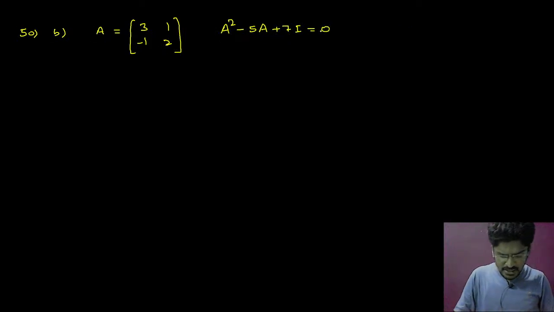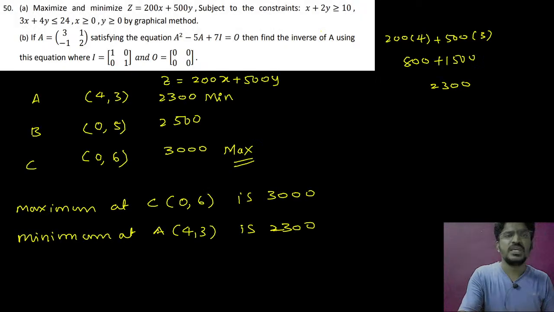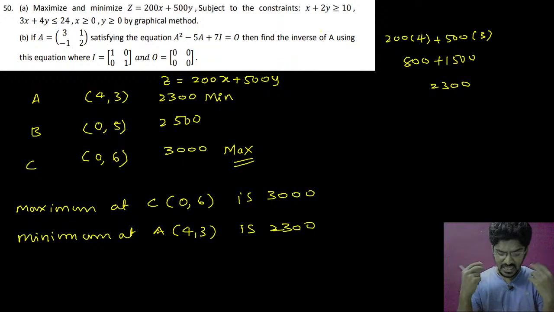So my dear students, please see here. Matrix A is already satisfying the equation A square minus 5A plus 7I equal to 0. Once again, there is no need to verify it. Are you getting my point? Already it will be given in the problem only that the given matrix is satisfying the equation A square minus 5A plus 7I equal to 0.